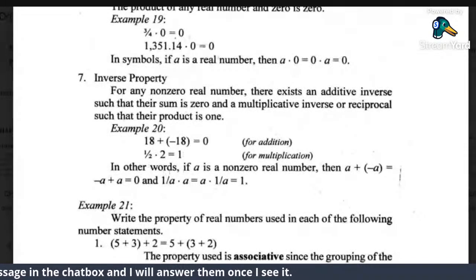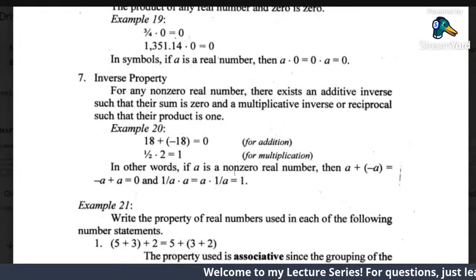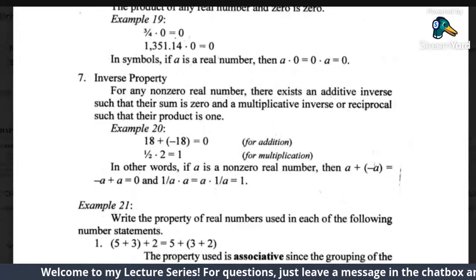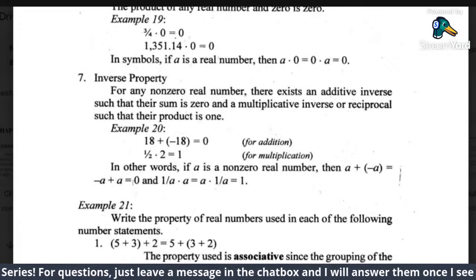So in other words, if A is a non-zero real number, then A plus its additive inverse, A plus negative A, or negative A plus A, is equal to 0.